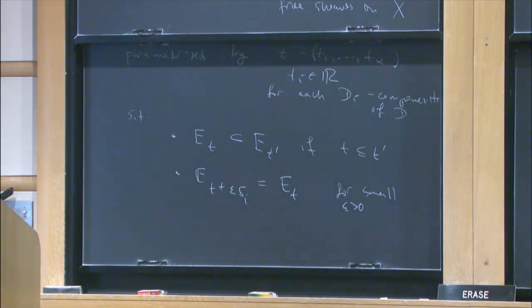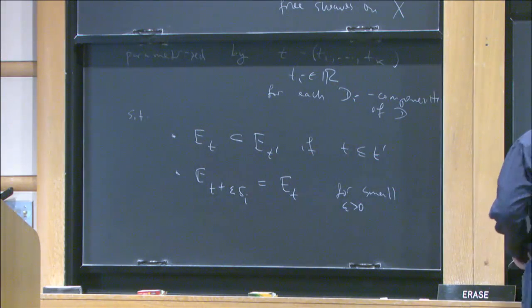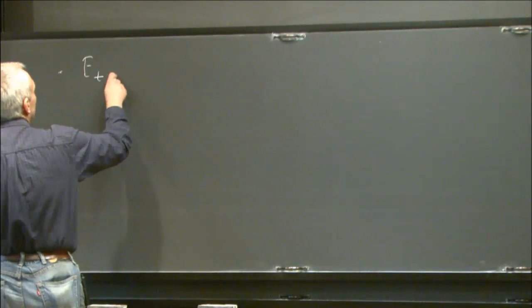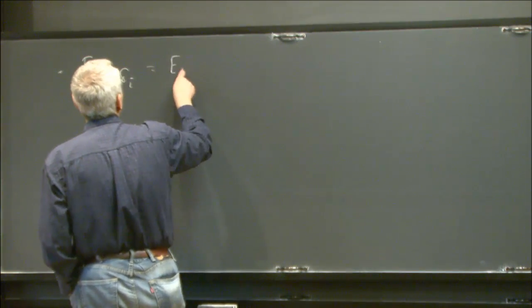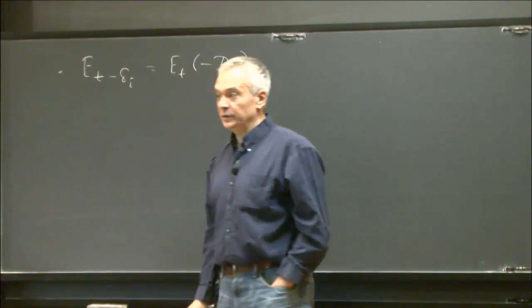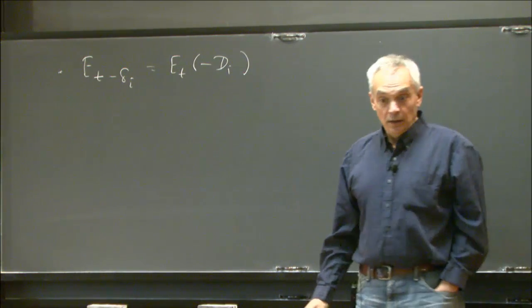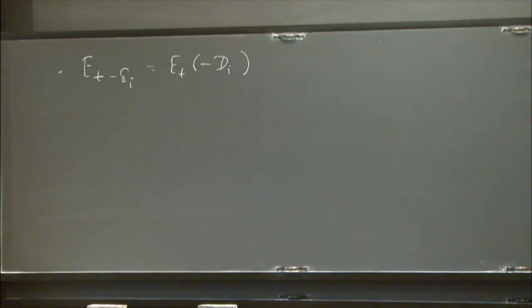And then you want it to be periodic in the sense that once you go across an integral jump, you just add the divisor. So E_{T-δ_i} is going to be E_T twisted by the component minus D_i. So what this really says is that if you look at the cube inside this k-dimensional vector space of size 1, then there are only finitely many values of E_T on that cube.